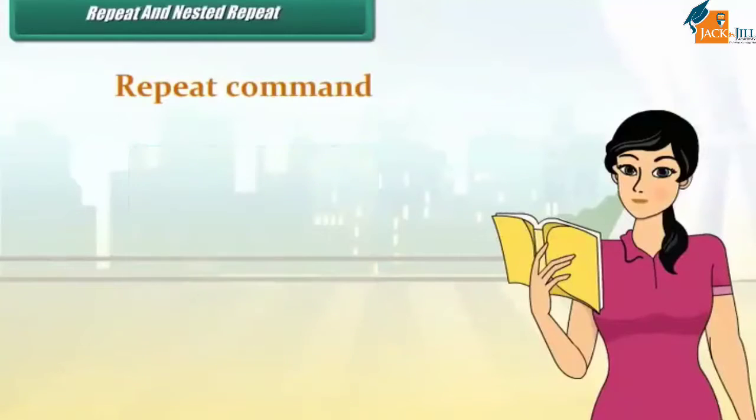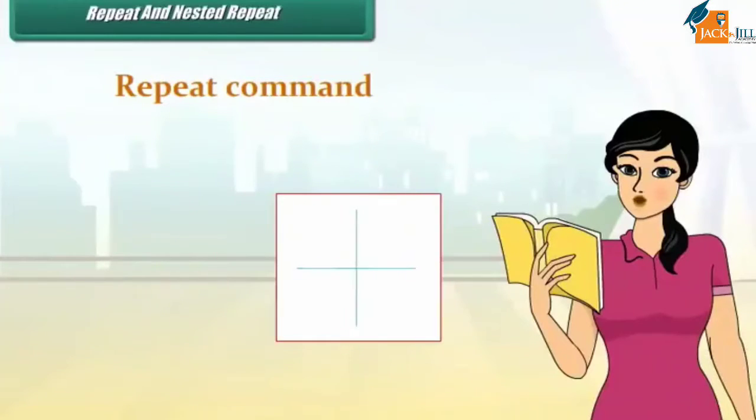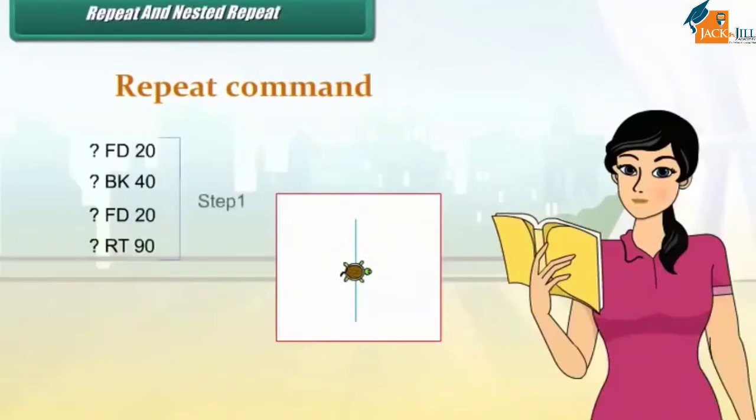Repeat command. If we draw a plus sign on the screen using the following primitives. Step 1. FD 20, BK 40, FD 20, RT 90. Step 2.